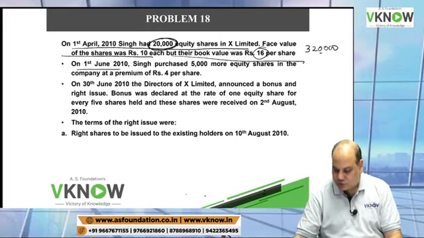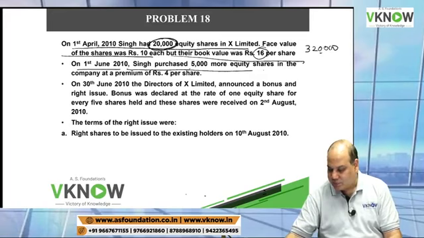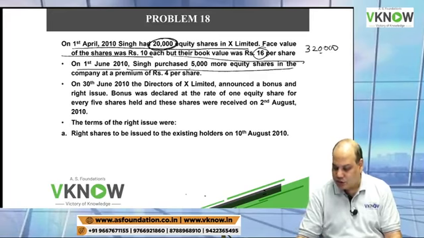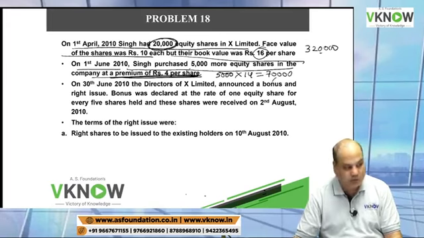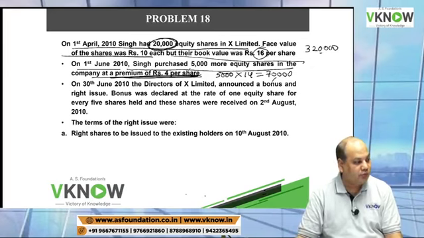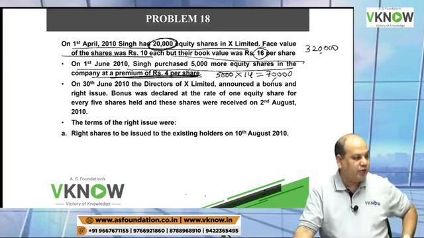On 1st June, Singh purchased 5,000 more shares at a premium of 4 rupees per share. So another lot was purchased at 14 rupees, 10 plus 4. How much is 5,000 into 14?